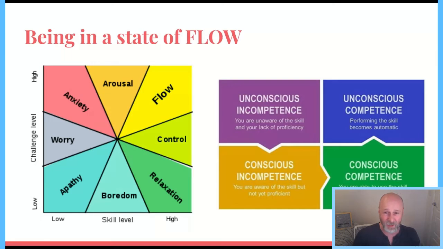It's very easy for you to do. And a high skill level is something that you've learned over time. You've developed that skill. You've grown better at doing this thing. And then on the vertical axis, we have how challenging something is for you. Right at the bottom is low challenge, and at the top is very high challenge.